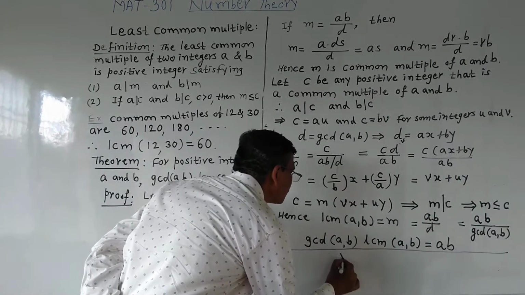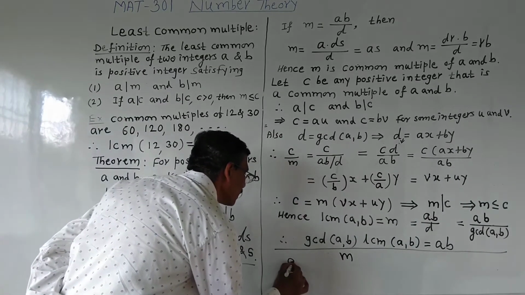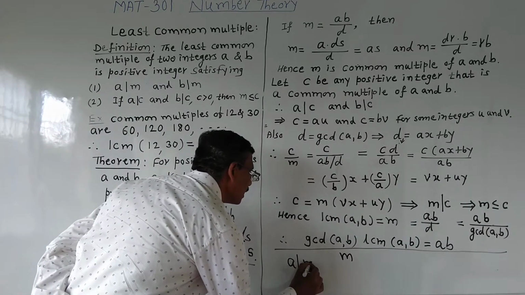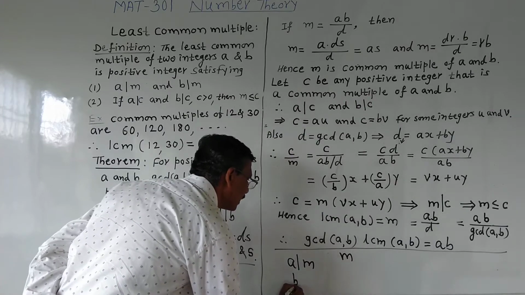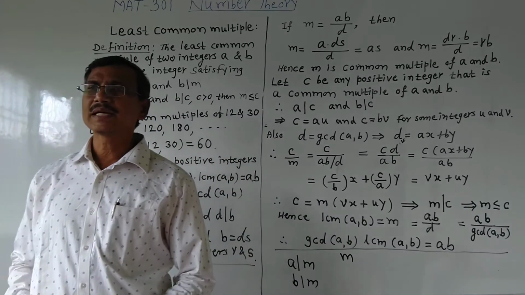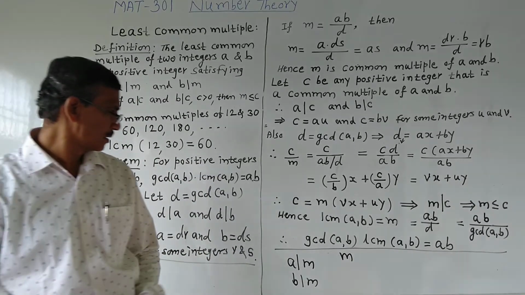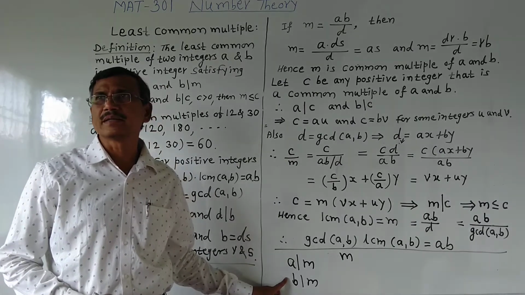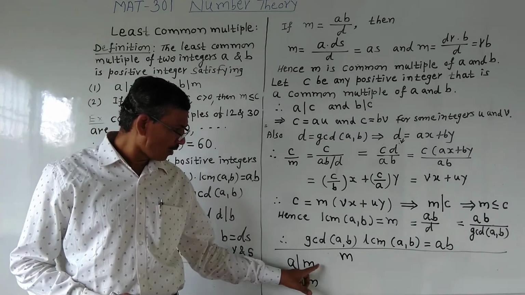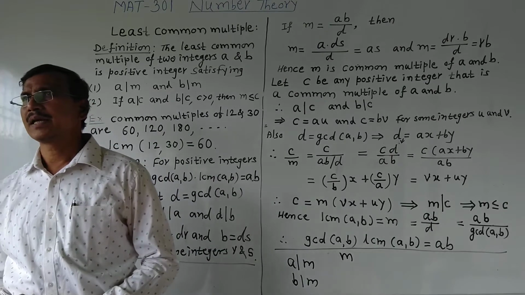Suppose m is any integer, and if a divides m and b also divides m, that means the integer m is divisible by both a and b, then we call this m a common multiple of a and b.